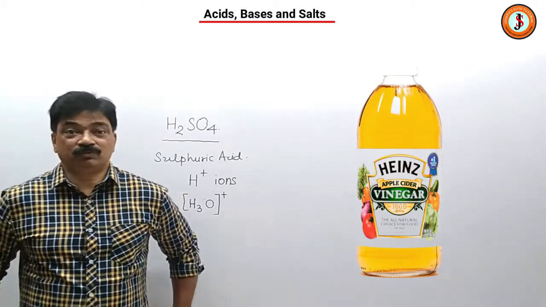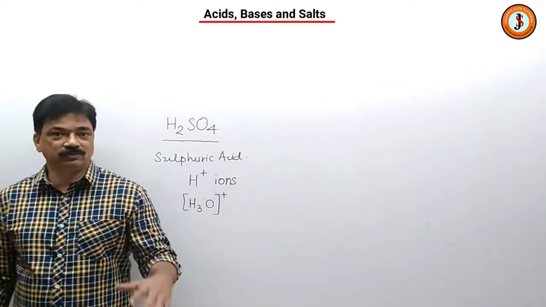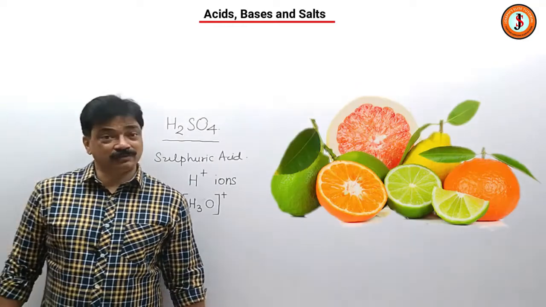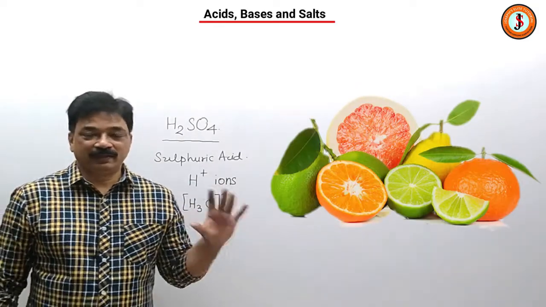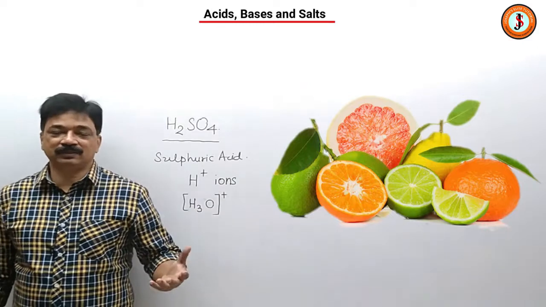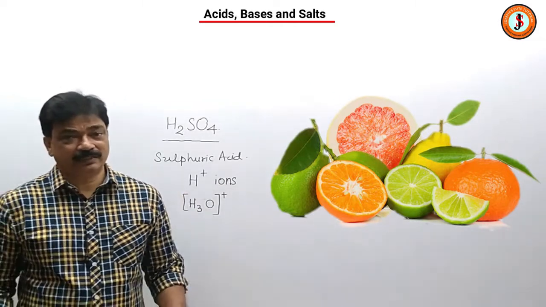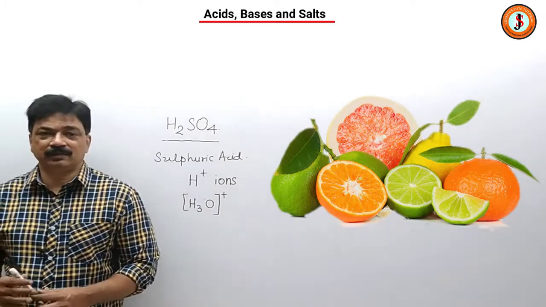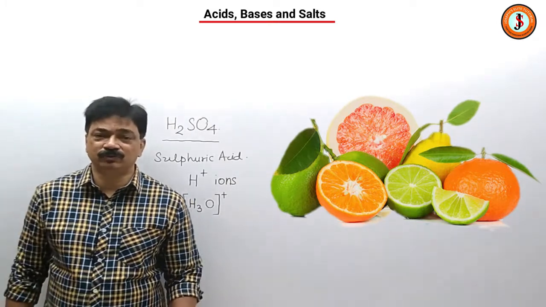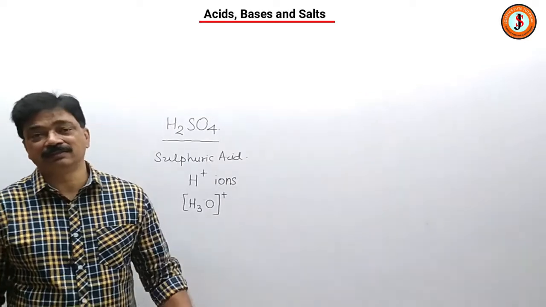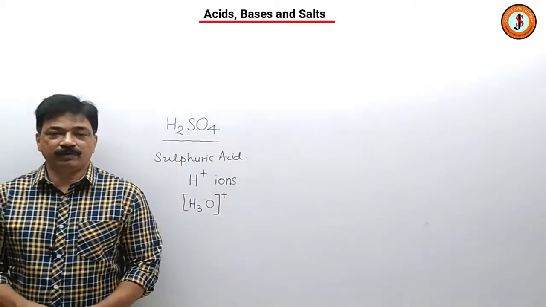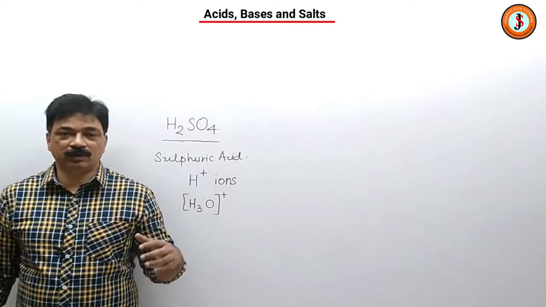Normally it is not advised to directly take up acid to check its taste. You can taste certain fruits, citrus fruits, and they are sour in taste, isn't it? The sourness of citrus fruit is because of the presence of certain acids in them. We will later on deal with that. So that is what acids are.